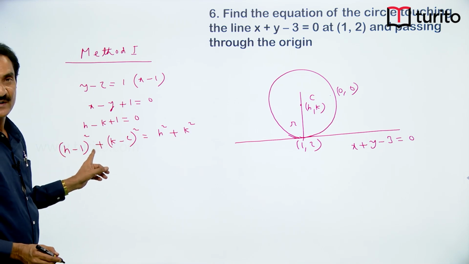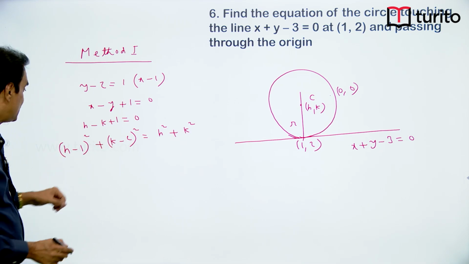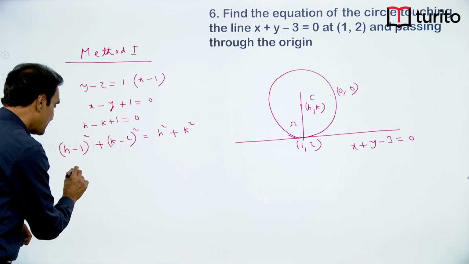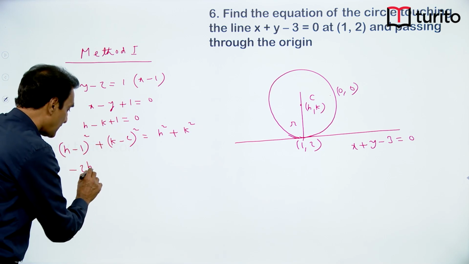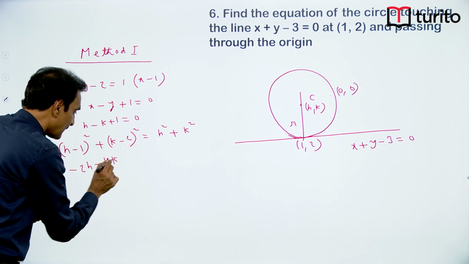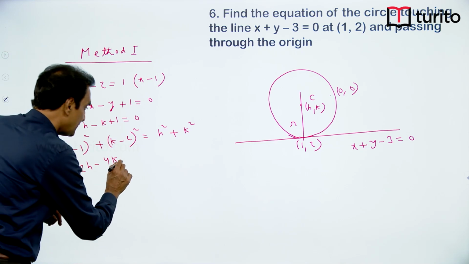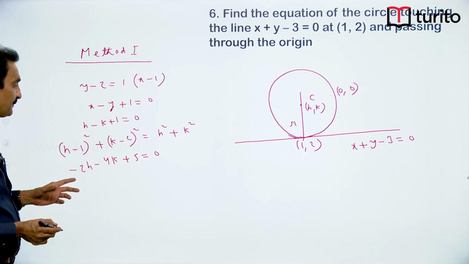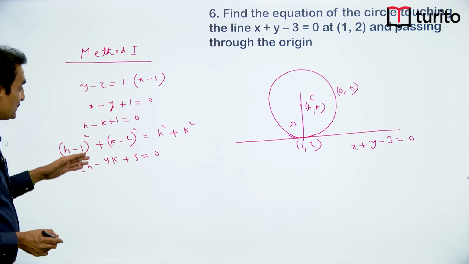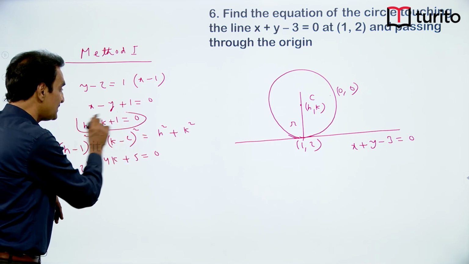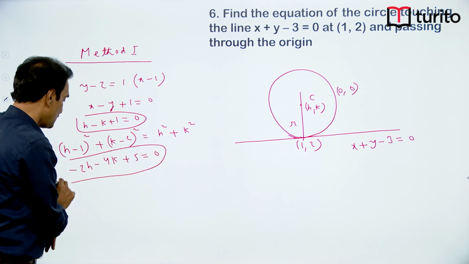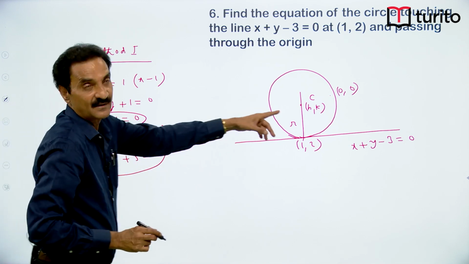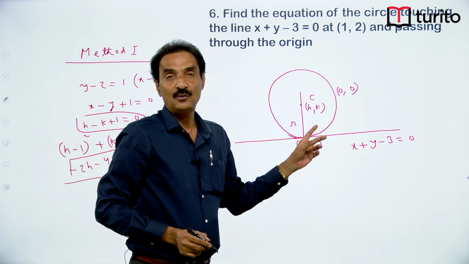If you expand the squares, h square and k square will cancel. You will get minus 2h here, minus 4k here, and constant will be 5 is equal to 0. Now, solving this equation and this equation, we get the coordinates of center. Then how do you get the radius?